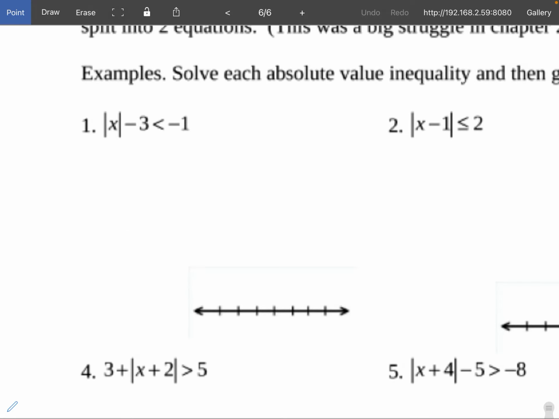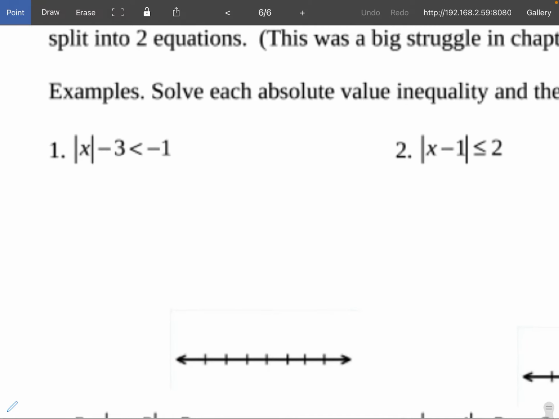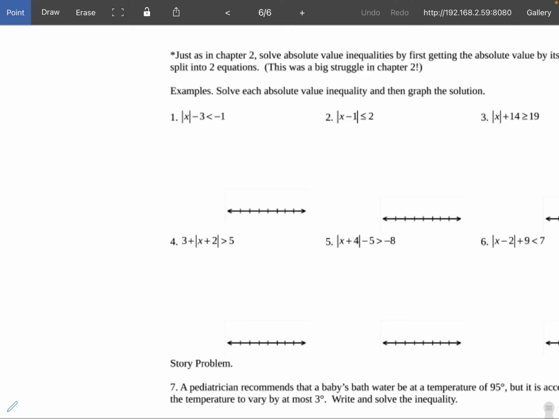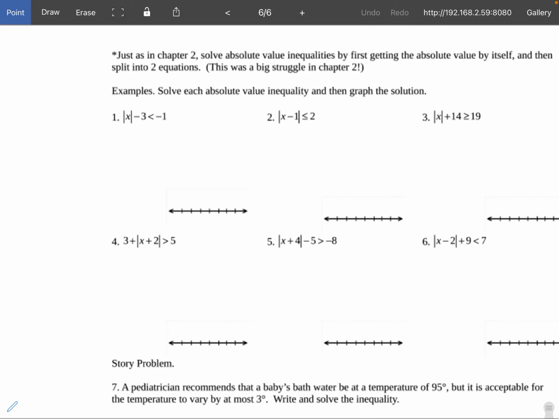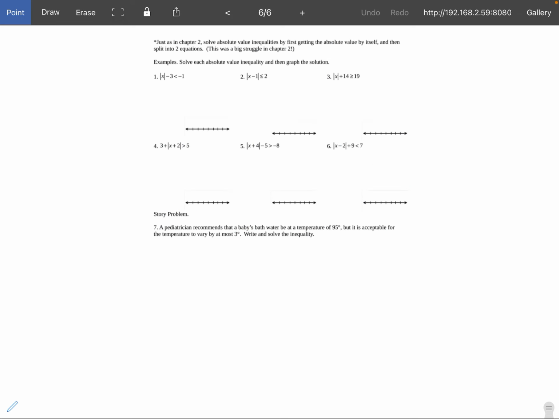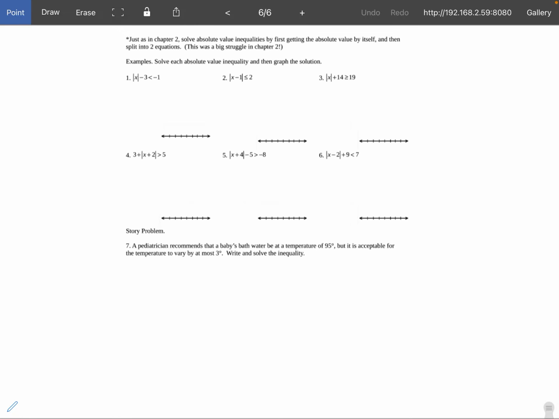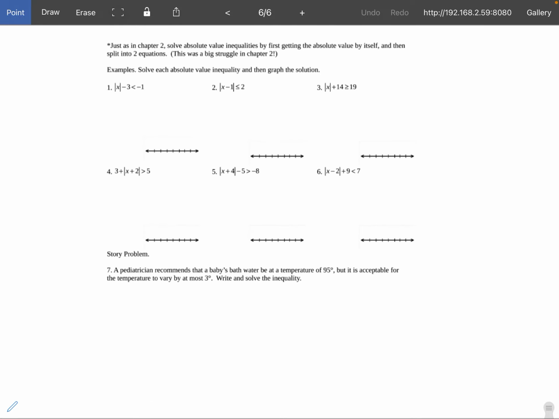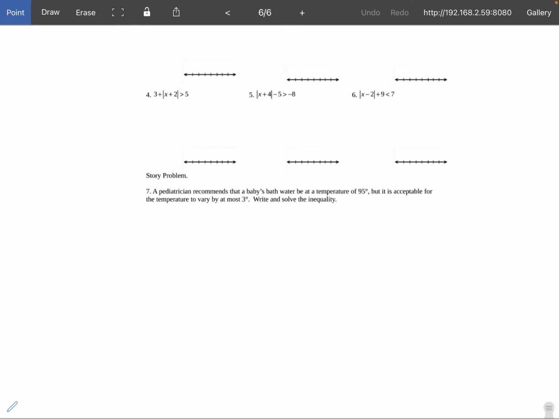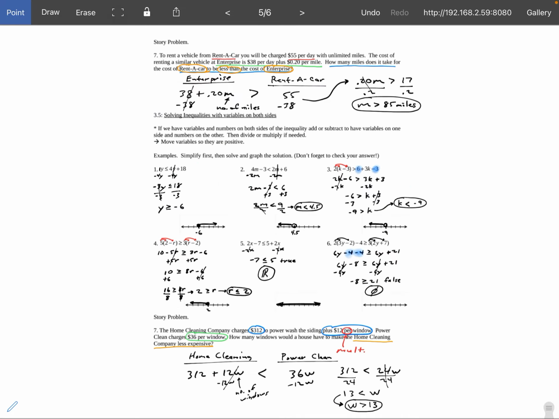Go ahead and turn the page. So here's example 1. I don't know what happened here. Oh, there it is. Oh, that's weird. My page didn't turn. You guys are going to have to hold on a second. Maybe it's just the internet being slow or what.